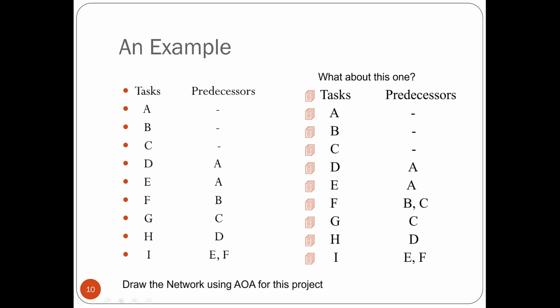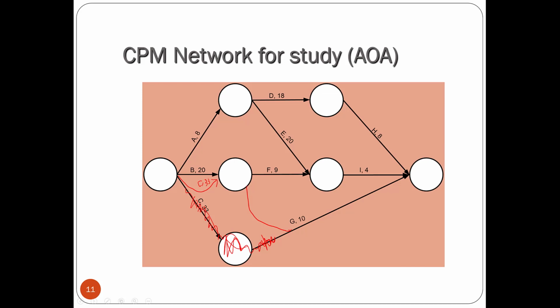If we look at our relationship, G's predecessor is C. If we look at our network, by drawing B and C to end at this one node and have F and G coming out of this node, we are indicating that both B and C are the predecessors of G, which is not true. Only F has B and C both as its predecessors, not G. G only has C as a predecessor. So you can see that using that dummy arrow is the right way to do it.